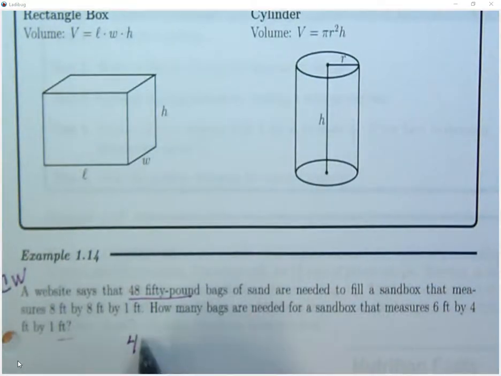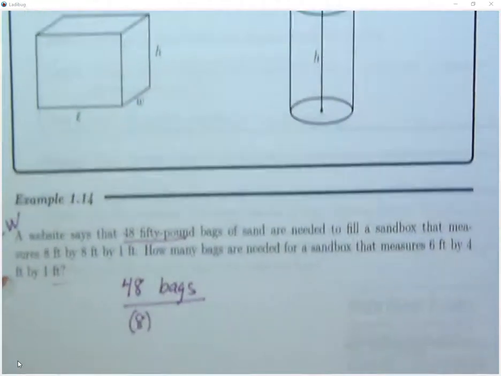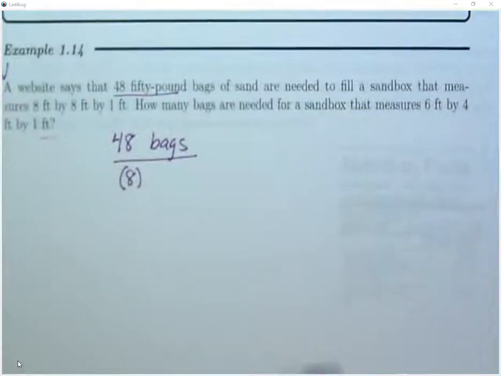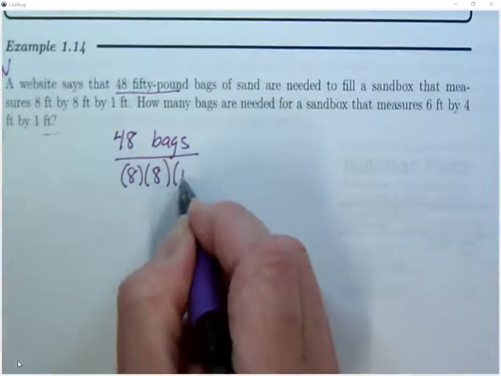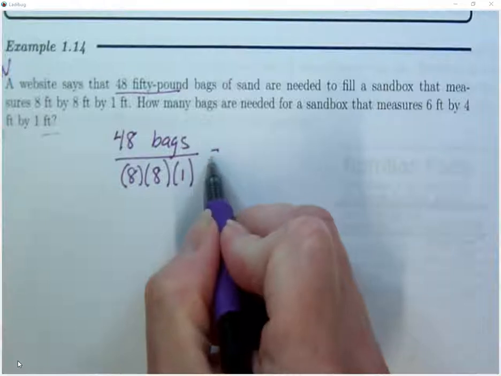We have 48 50-pound bags. So I'm just going to call it bags because that 50 is kind of distracting in there. And that will fill a sandbox that measures 8 by 8 by 1. So I'm just going to write the volume out here instead of doing it separately. And again, the 1 I don't necessarily need there.